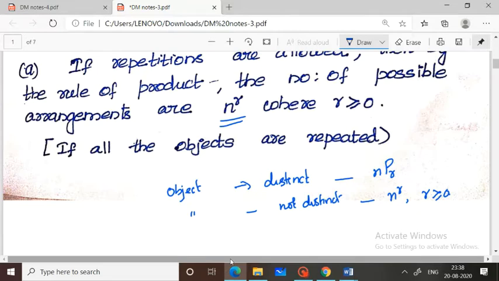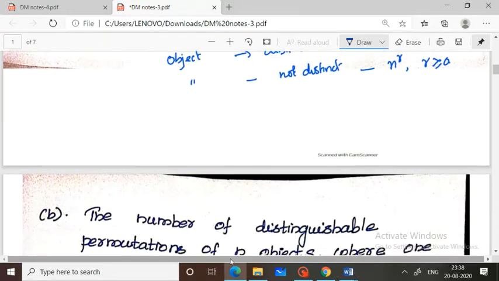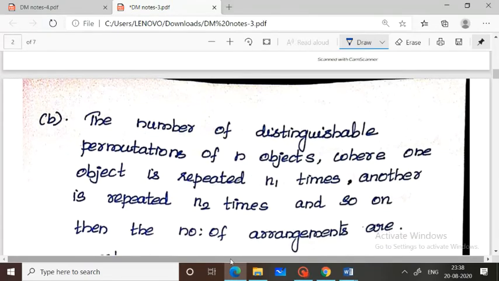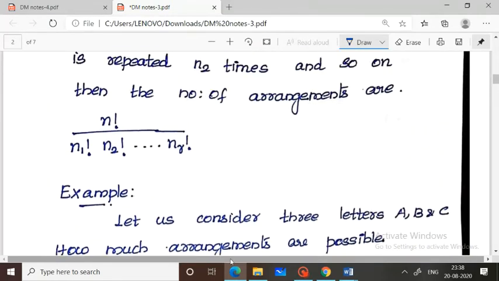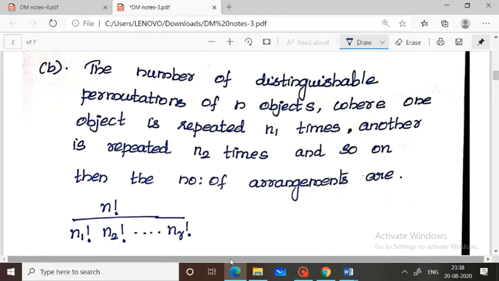Now comes the third case. So this was the second case. Moving on to the third case, you will have the number of distinguishable permutations of n objects, where some objects are distinct and some are not. Suppose one object is repeated n1 times, another object is repeated n2 times.